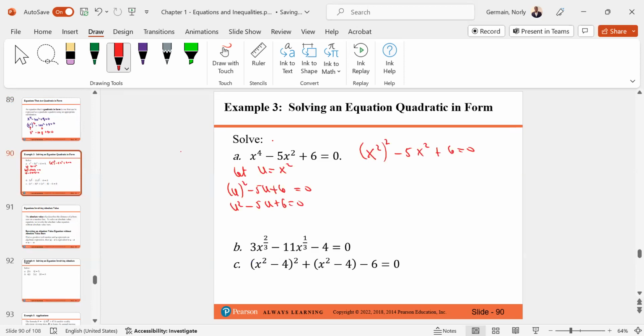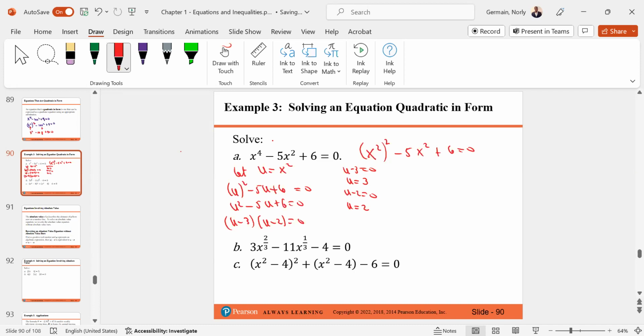Now it has become a simple quadratic equation, so you can factor it: u minus 3 times u minus 2, because two numbers that multiply to positive 6 and add to negative 5. If you set each factor equal to 0, u equals 3 and u equals 2.